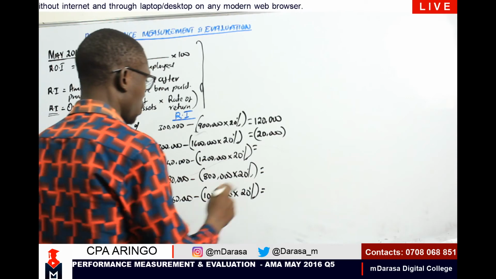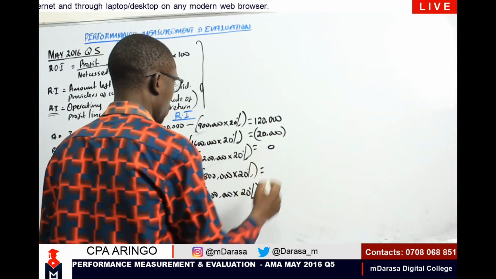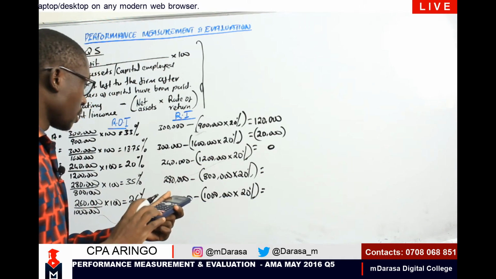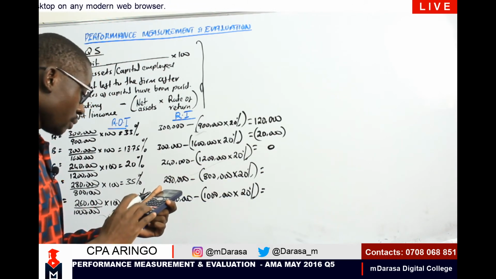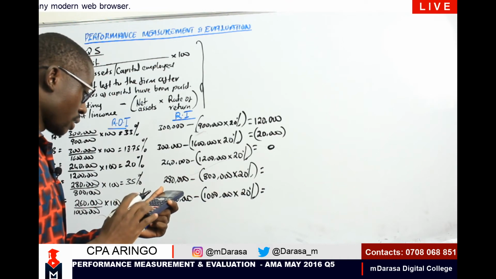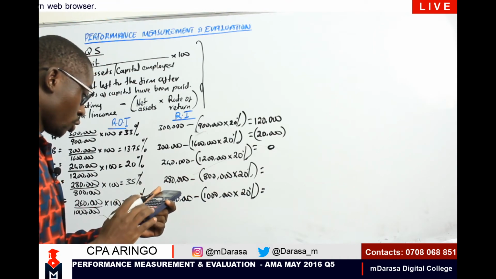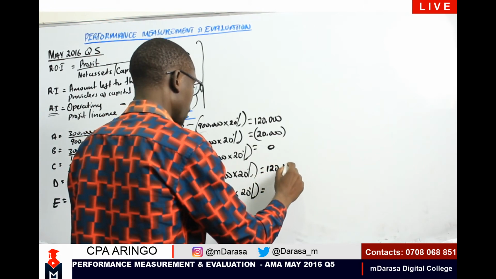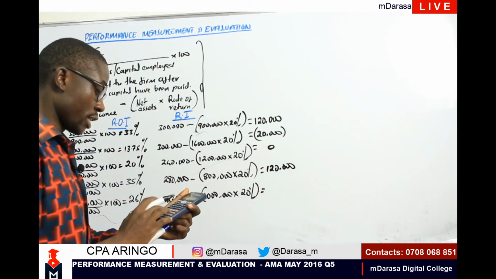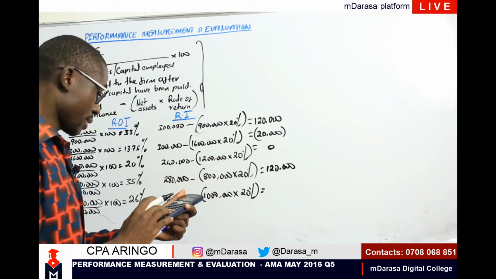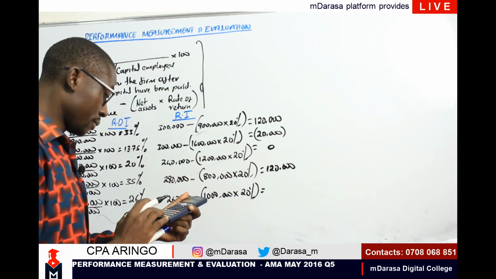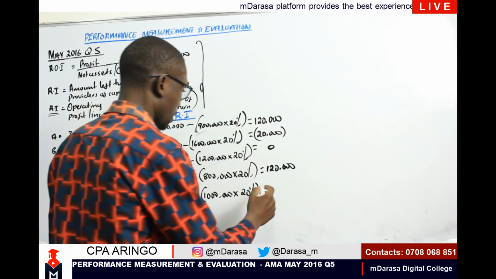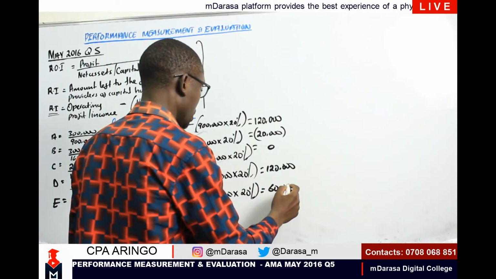I'm getting 0 here. The other one, we should be talking of 280,000, less 800,000 times 0.2, to give me a figure of 120,000. Then 260,000, less 1 million times 0.2. That should give us 60,000, being our residual income.